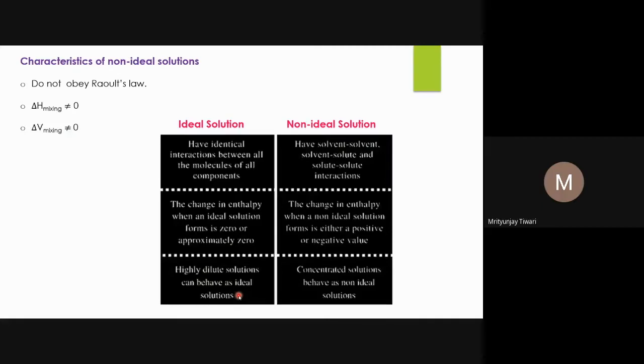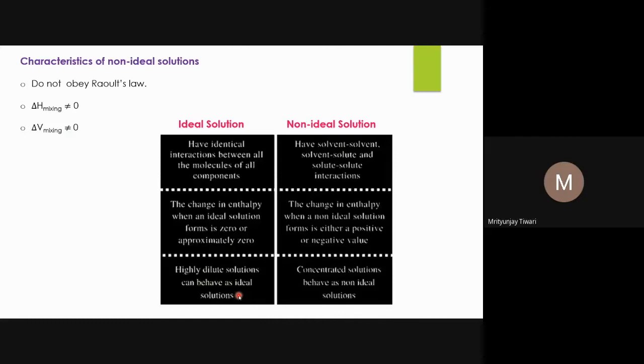Approximately, there are no solute-solute interactions because the solution is highly diluted and solute particles will be totally scattered. Around every solute particle, there will be an enormous number of solvent particles. So there is no possibility of solute-solute interactions if the solution is highly diluted.